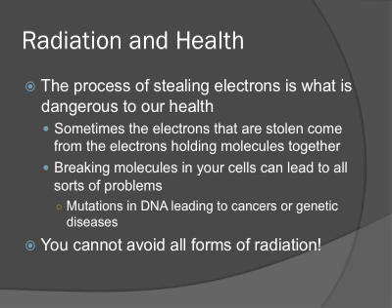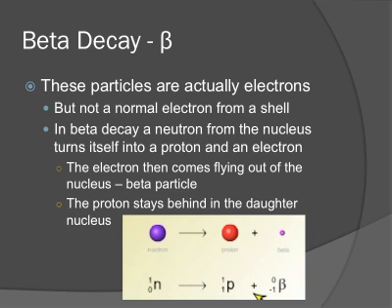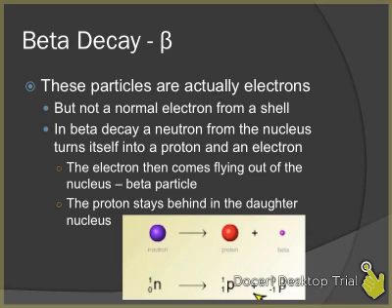All right, so now let's spend a little bit of time talking about beta decay. Beta decay, again, is the Greek letter. It looks like a B with a tail, correct? These particles are actually electrons, which makes sense because they are negatively charged. So if we remember back to Tuesday, we learned to put the mass number in the top left.